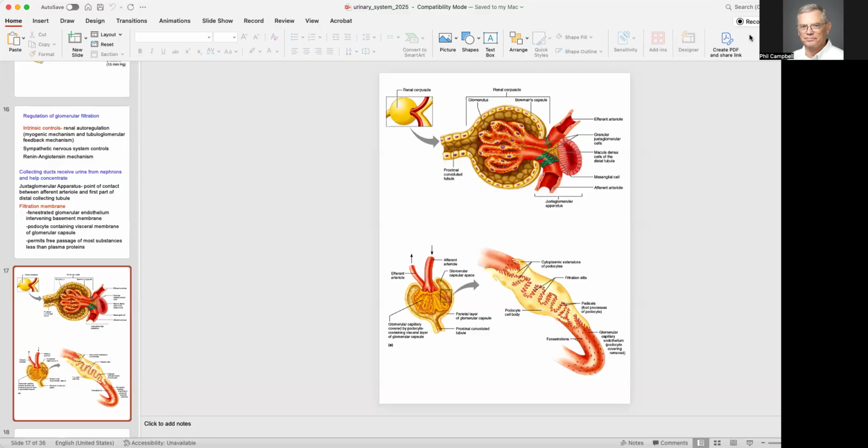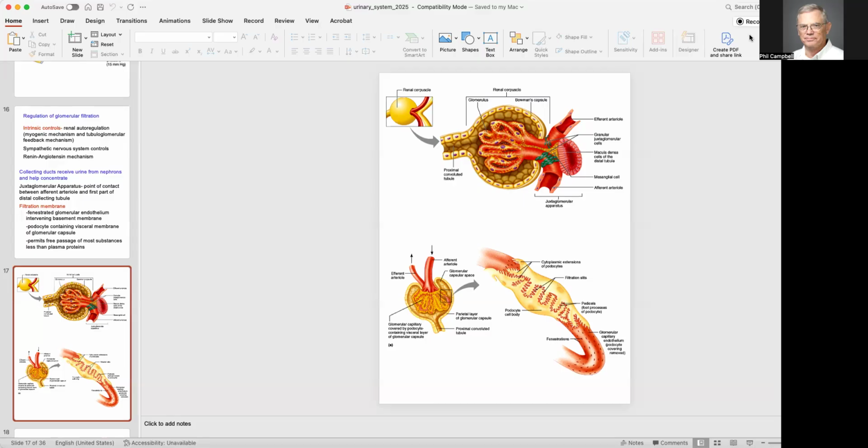There are two things I want you to see here. Let's start inside the Bowman's capsule. There is your glomerulus, the red structure, and then the white structure with the purple nuclei, those are called podocytes. So podocytes, let's drop down here. Here's the endothelium, the capillary. Notice the fenestrations, the holes.